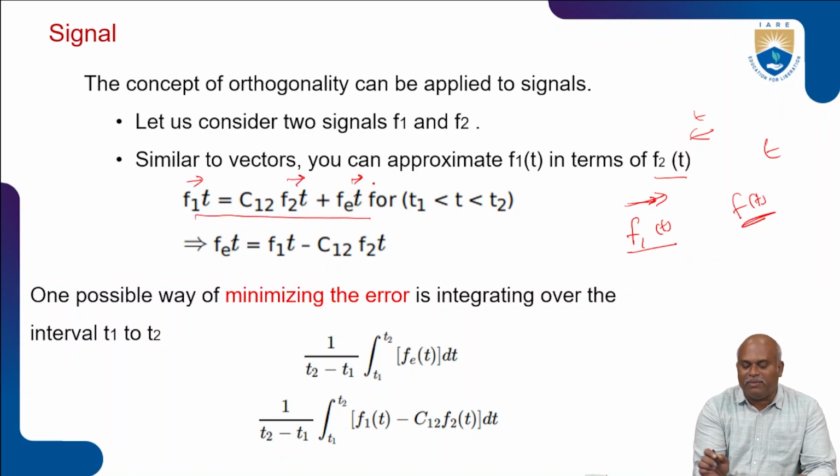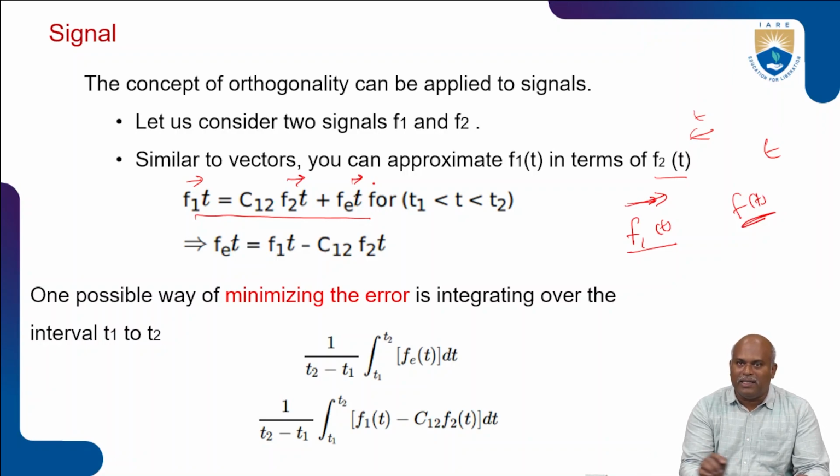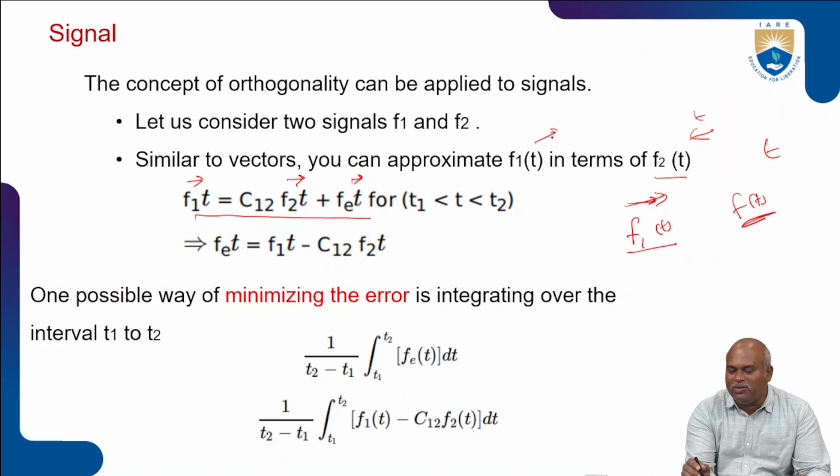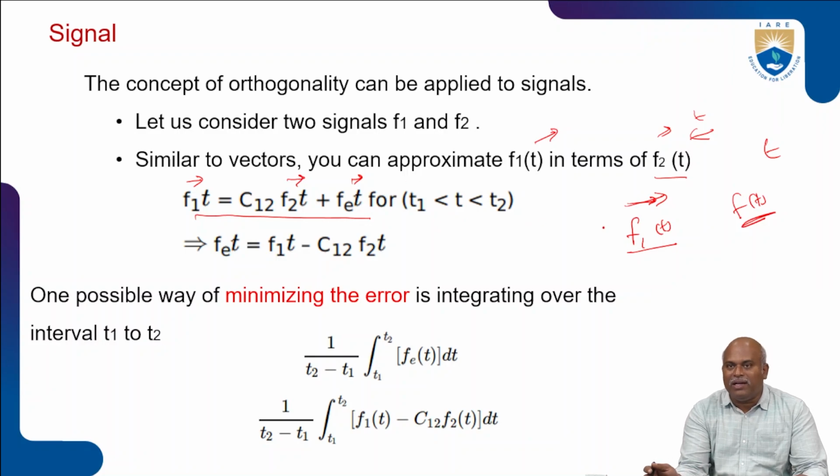Here Fe of t is represented as a vector. Now we consider F1 and F2 over the time interval T1 less than t less than T2, because we take two signals F1 as well as F2.